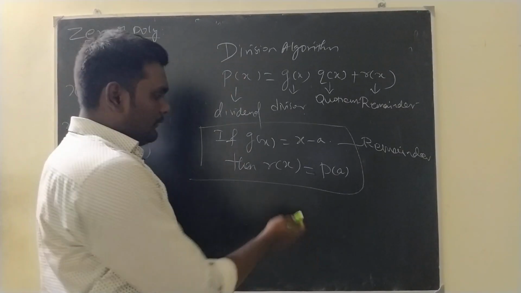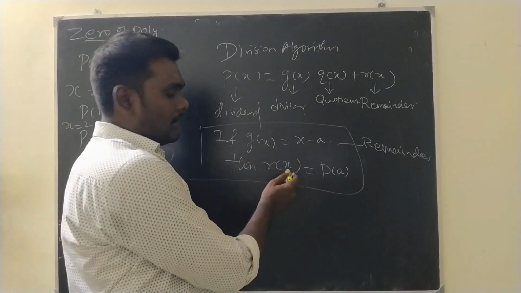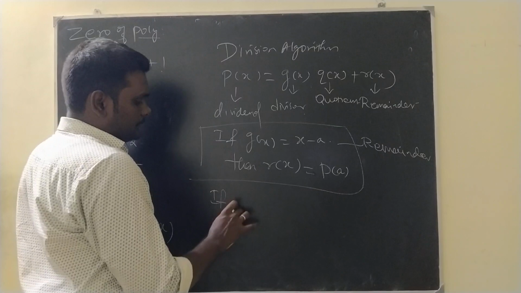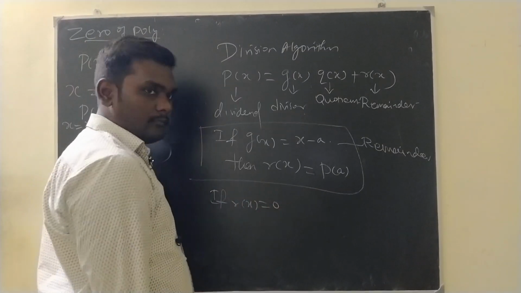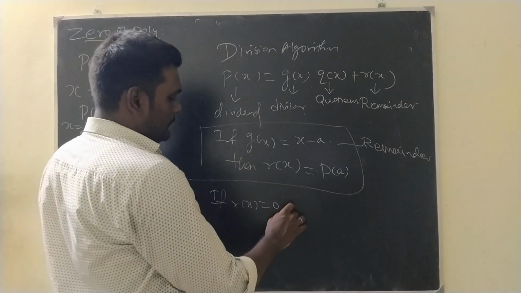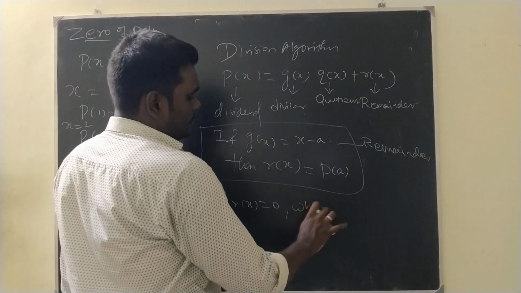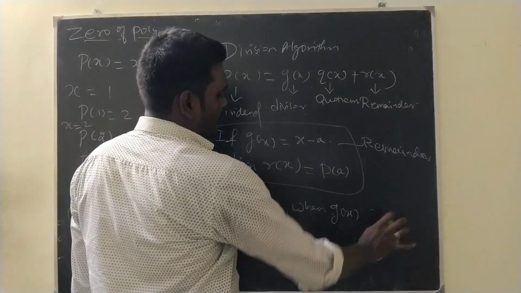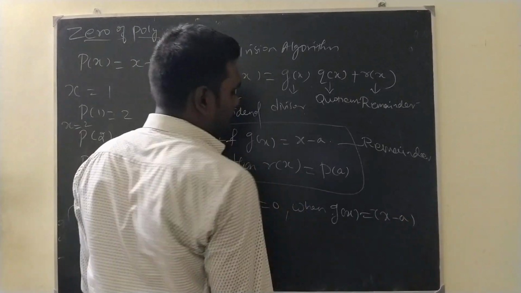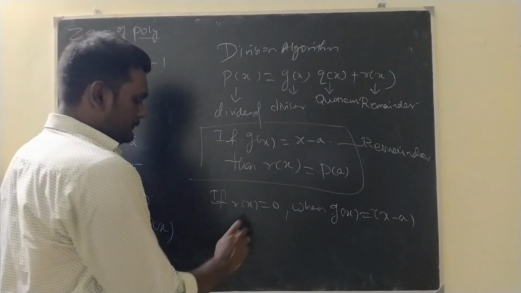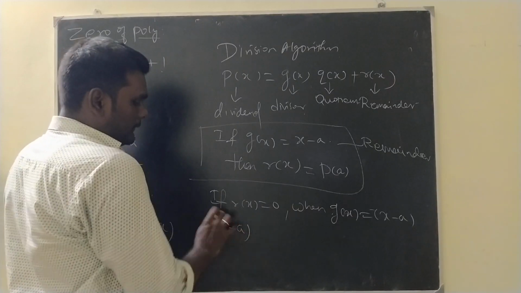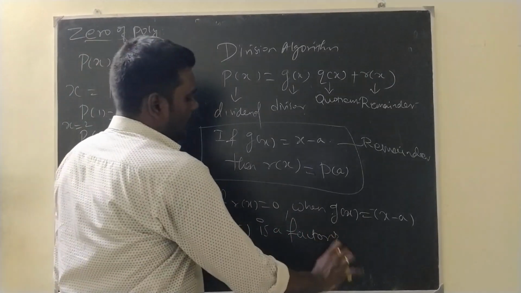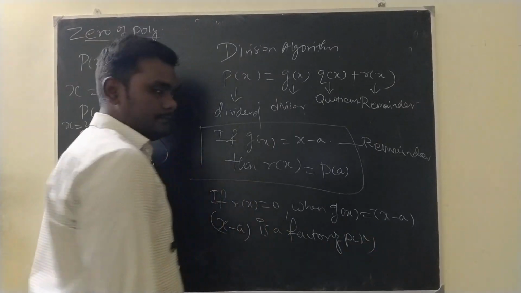Likewise, if when you substitute, this r of x value becomes 0, r of x is equal to 0 when g of x, the divisor, is x minus a, then we may say x minus a is a factor of p of x.